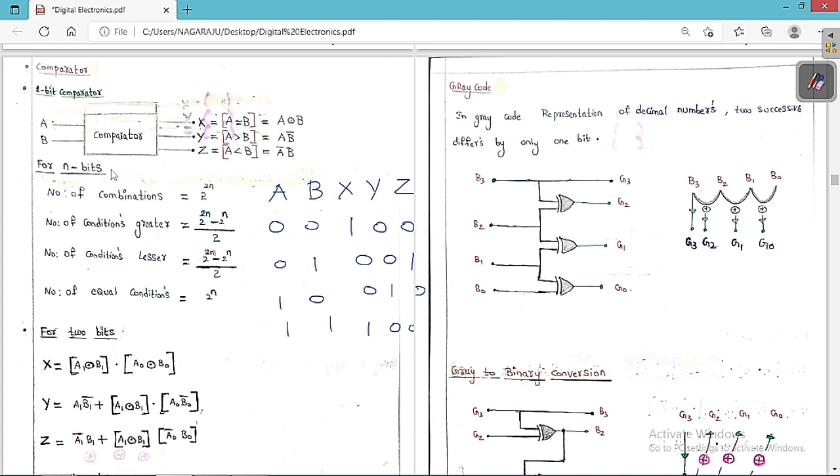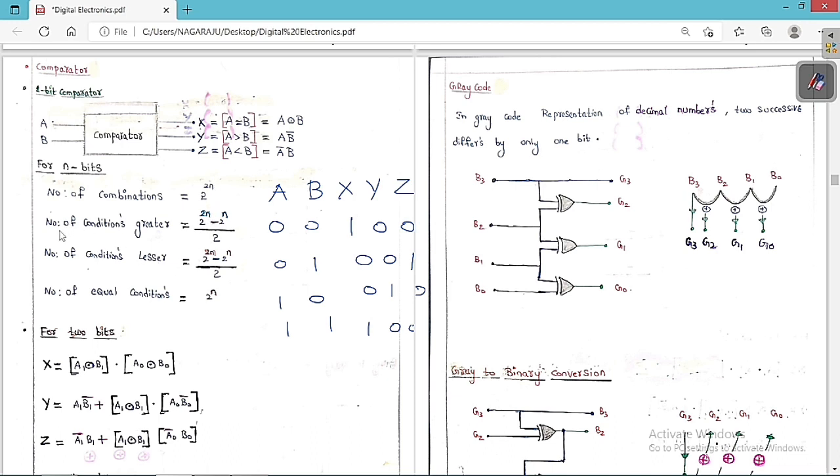For n bits, suppose A is having n bits and B is having n bits, the total number of bits is n plus n, 2n. So for 2n bits, the number of combinations is 2 to the power of 2n.